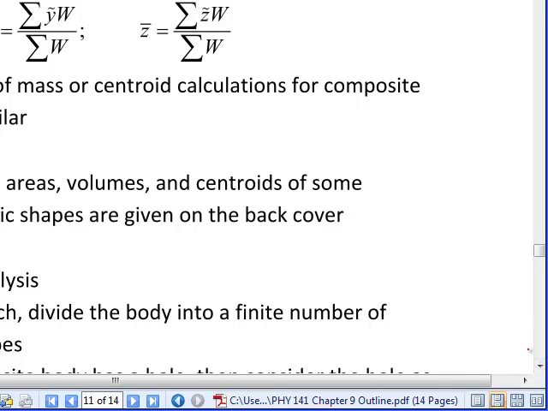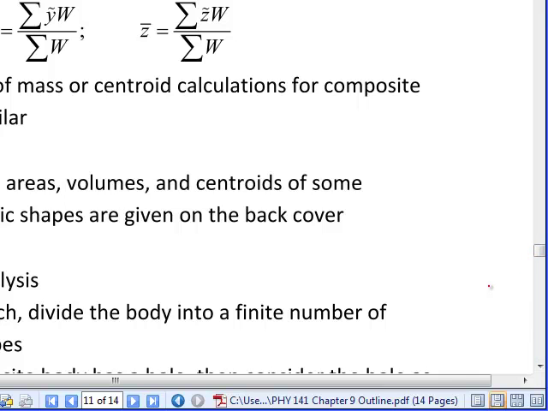So if we'd had even a paraboloid area or an x-parabolic area, we could have looked up the centroid in the back. The cubic that we did isn't in the back, so we had to do that one by integration. But a lot of them, you just use tables.